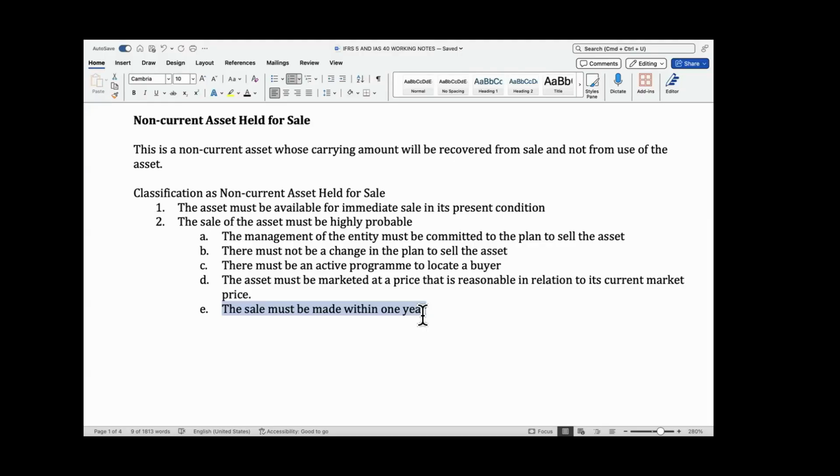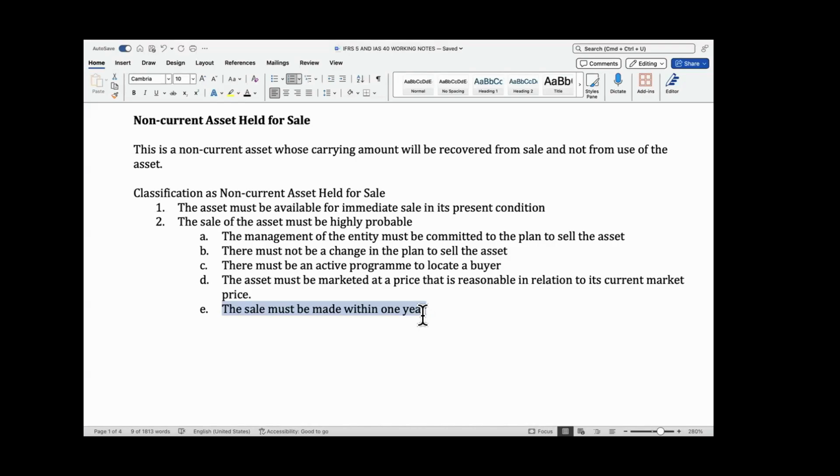But the question is, for how long? The standard didn't mention. But I'm sure, based on practice, after a maximum of additional 1 year and you're still unable to sell, we'll revert it back to non-current assets.